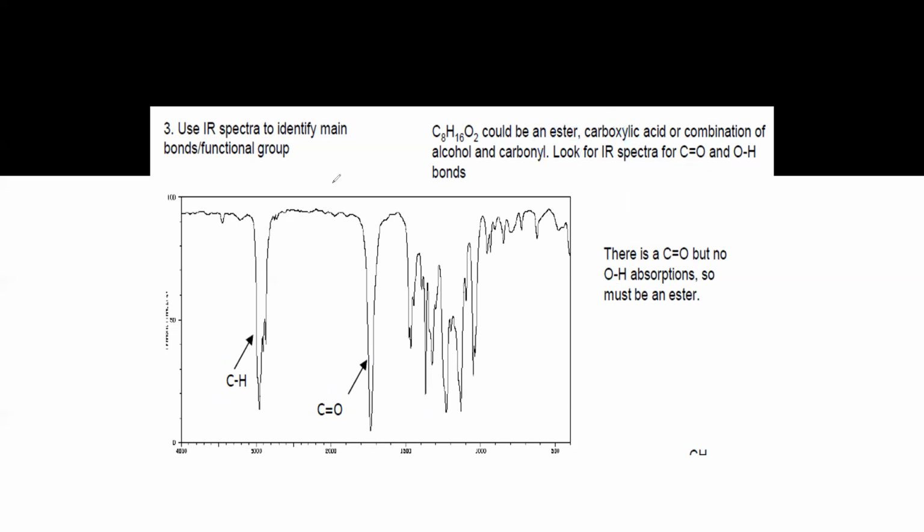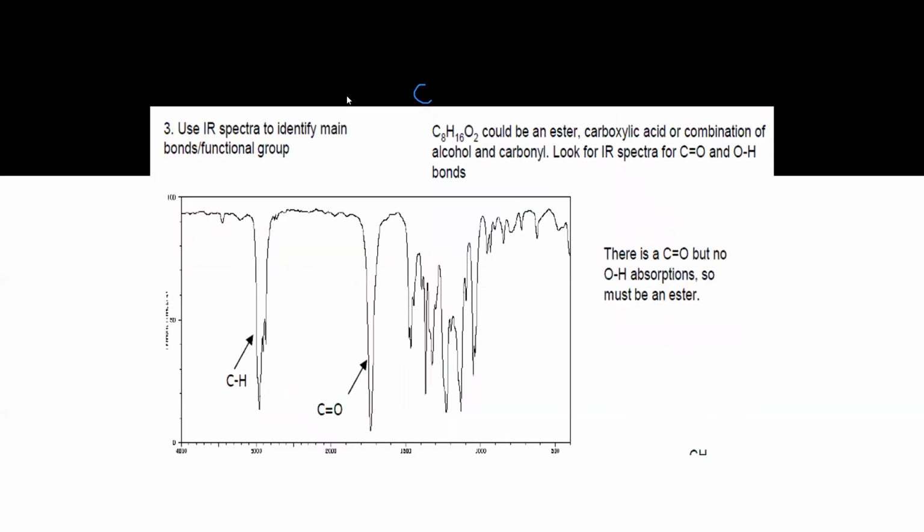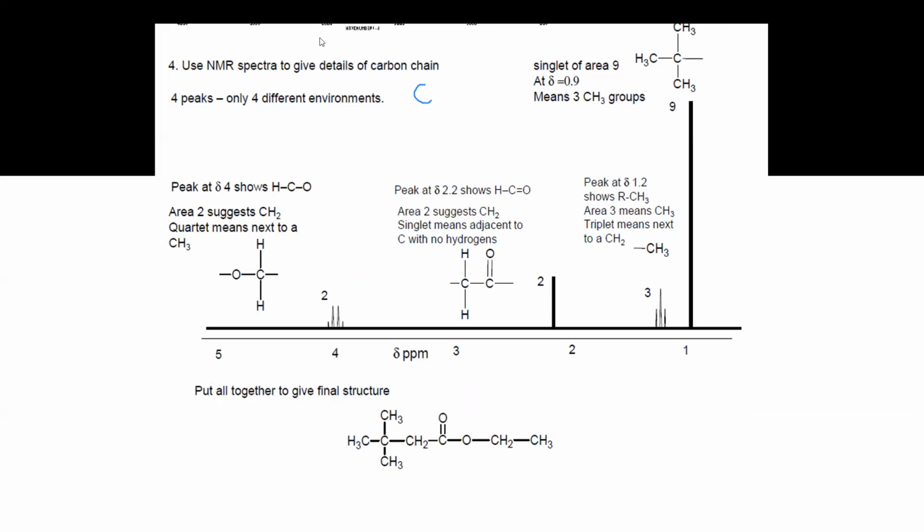Now, as it is an ester, when we work out the NMR, nuclear magnetic resonance, for this compound, which has a molecular formula of C8, H16 and O2, how many peaks are we getting? 1, 2, 3 and 4. If we are getting 4 peaks, it means there are 4 hydrogen environments.